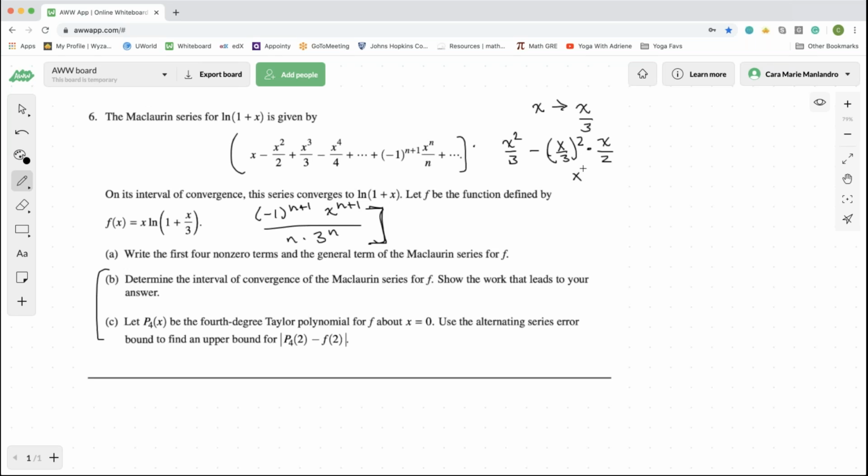So this became x to the third over 2 times 3 squared. Then the next term, I have the 1/3 that was there, and I have x over 3 cubed, and then I'm multiplying by x. The original function just helped you get the series for this function, yes. That's all that it was there for.